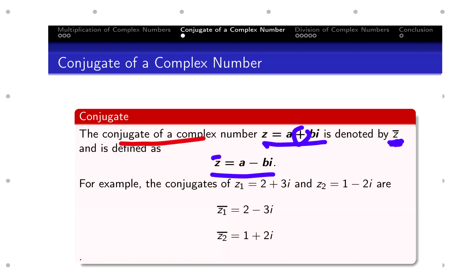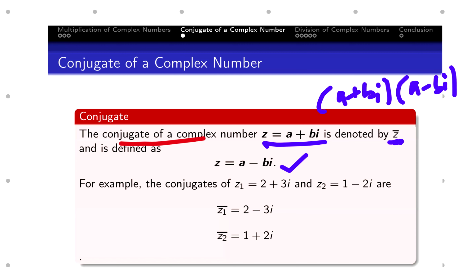If you multiply any complex number by its conjugate, you get a scalar number. For instance, a plus bi multiplied by a minus bi always gives a squared plus b squared. Because a times a is a squared, a times minus bi is minus abi, bi times a is plus abi, so these cancel out.